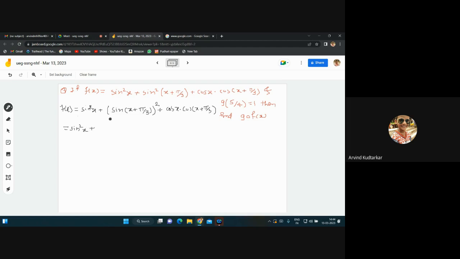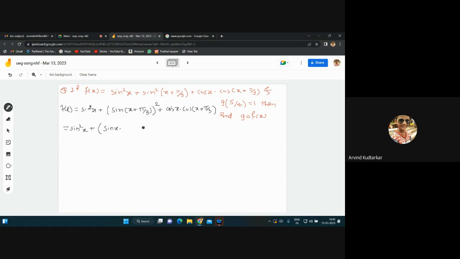Then sine of x plus pi by 3 whole square means sine of a plus b whole square. I am expanding it using the addition formula of sine. Sine of a plus b is sine a cos b plus cos a sin b. Sine a into cos of pi by 3.